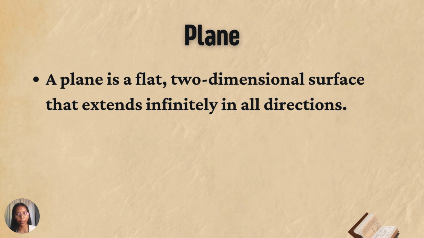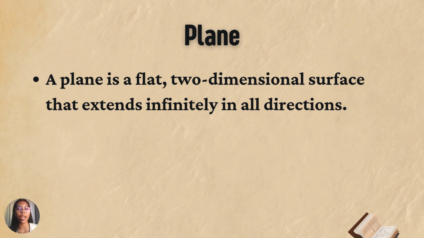Now, the plane. A plane is a flat two-dimensional surface that extends infinitely in all directions. A plane is labeled using a single uppercase letter, like plane M. It has length and width, but no thickness.